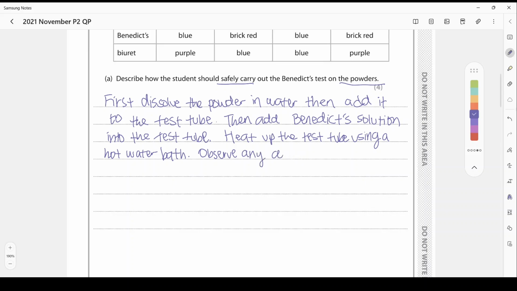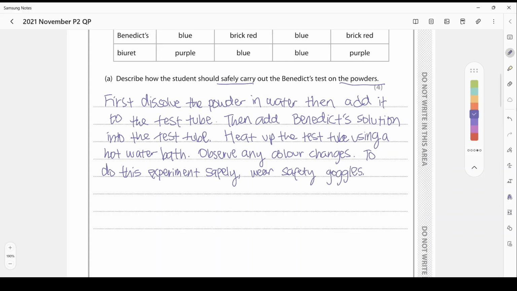Let me spell that properly. To do this experiment safely, wear safety goggles.